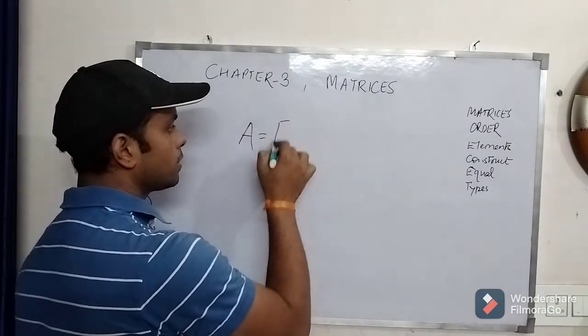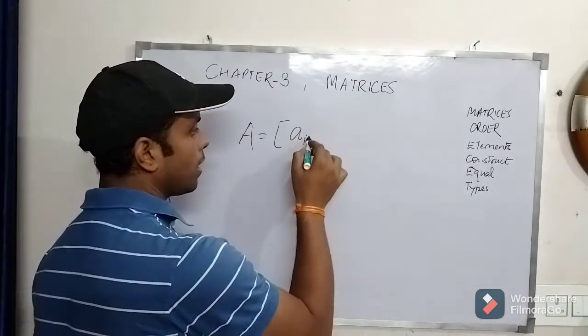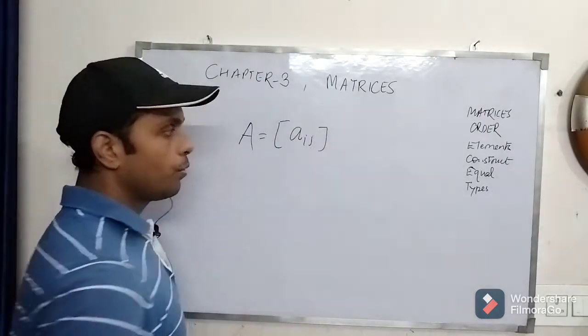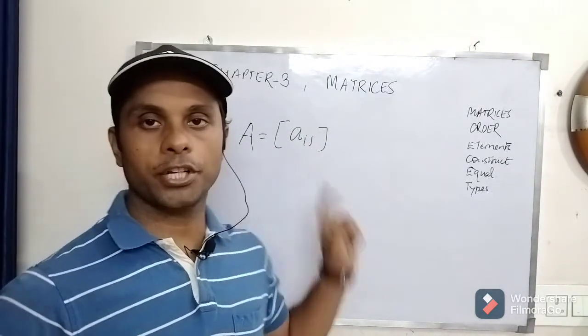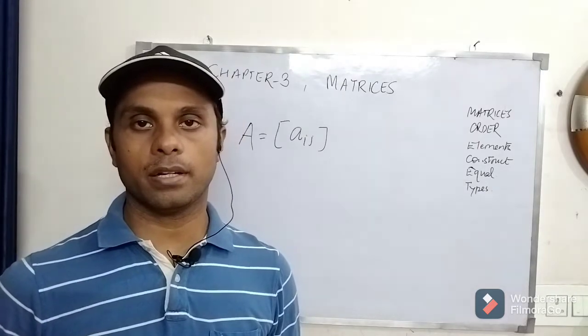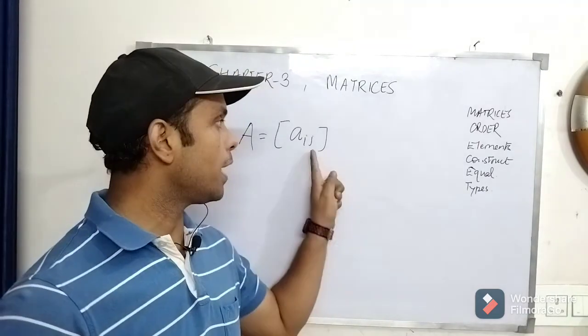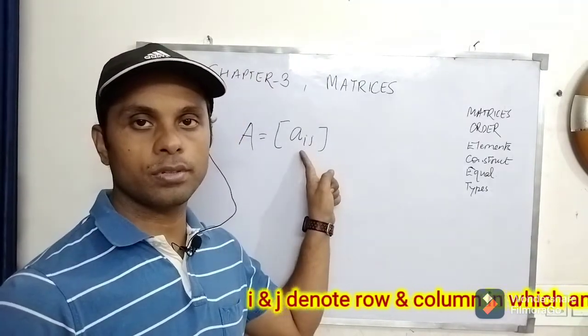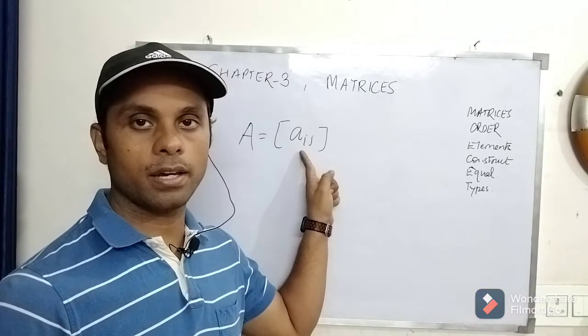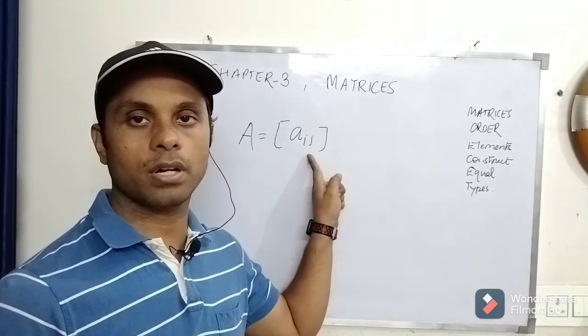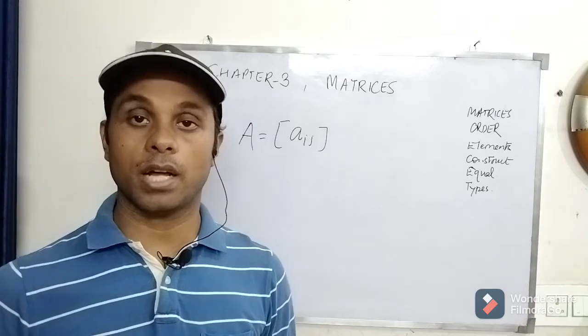A equals [a_ij], where a_ij denotes each and every element of a matrix. i is the number of the row in which the element lies, and j is the number of the column in which the element lies.